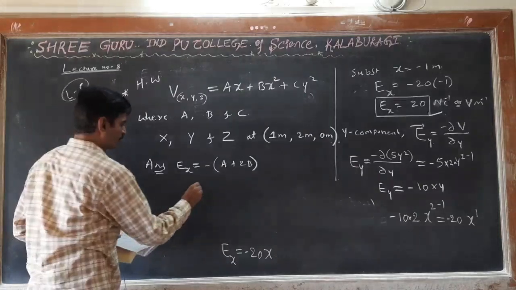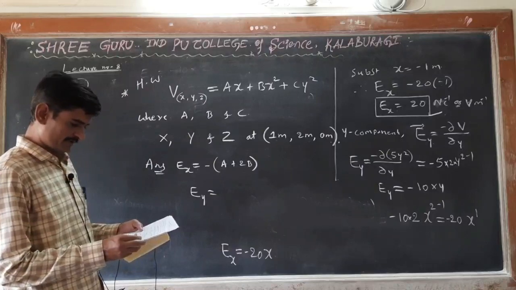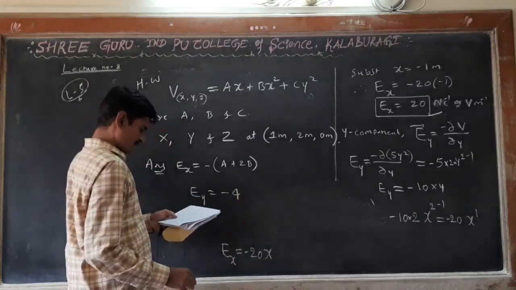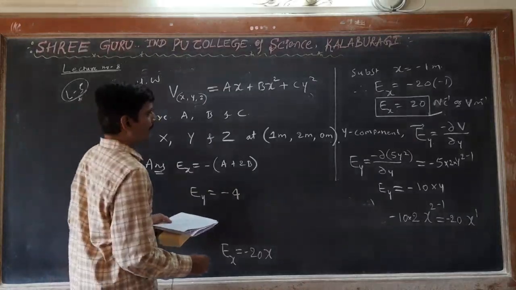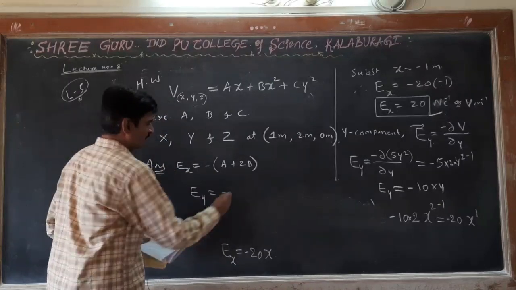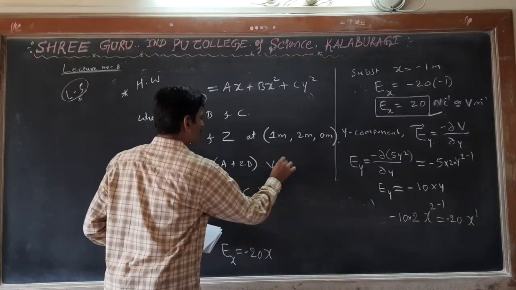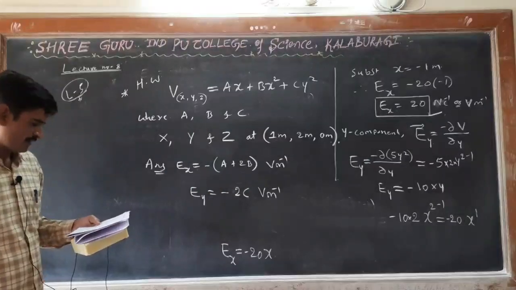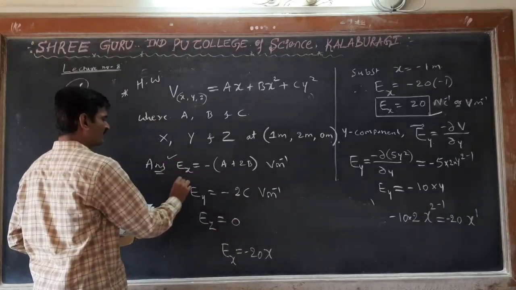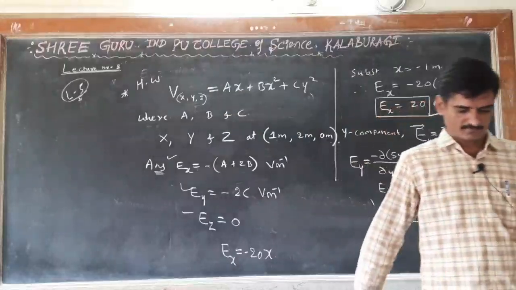Then Ey is equal to minus 2C volt per meter, and Ez is equal to 0. So these are the answers you should get. Understood? Okay.